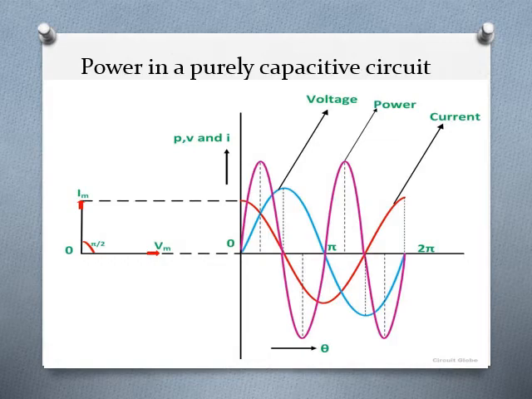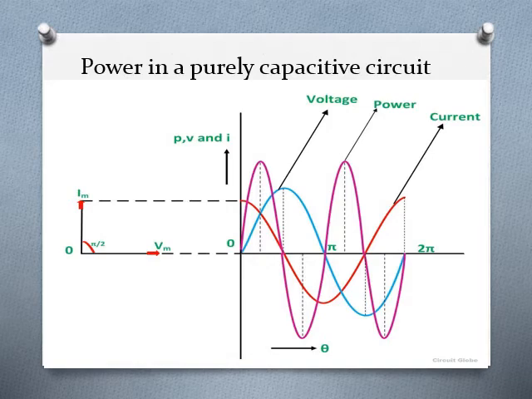From pi to 270 degree, or from 180 to 270 degree, both the current and voltage are in the negative half. Therefore, the power is positive. Again, from 270 to 360 degree, or till 2 pi, the current waveform is in the positive half, voltage is in the negative half.